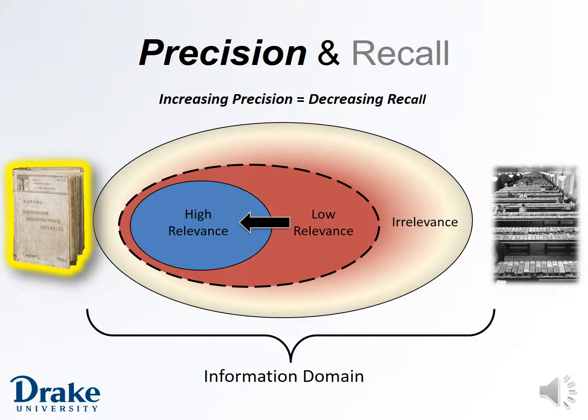To recap, the ratio of precision to recall is dictated by our information needs. If you're just exploring your research topic, then likely you want a low precision, which will result in a high level of recall. Conversely, if you have a clear idea of your research question, then you'll want to use a high precision search, which will result in a low recall of materials.